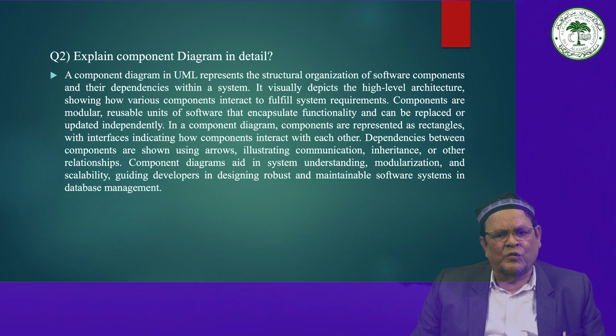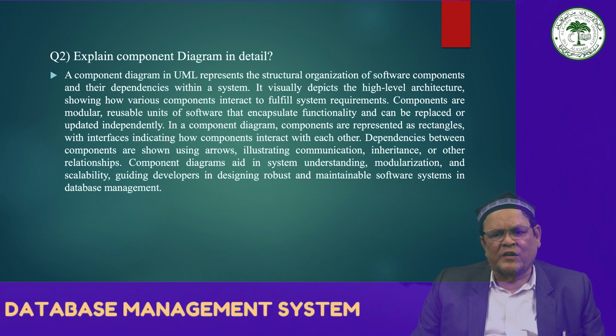of question 2. A component diagram in unified modeling language represents the structural organization of software components and their dependencies within a system. It visually depicts the high-level architecture, showing how various components interact to fulfill system requirements.